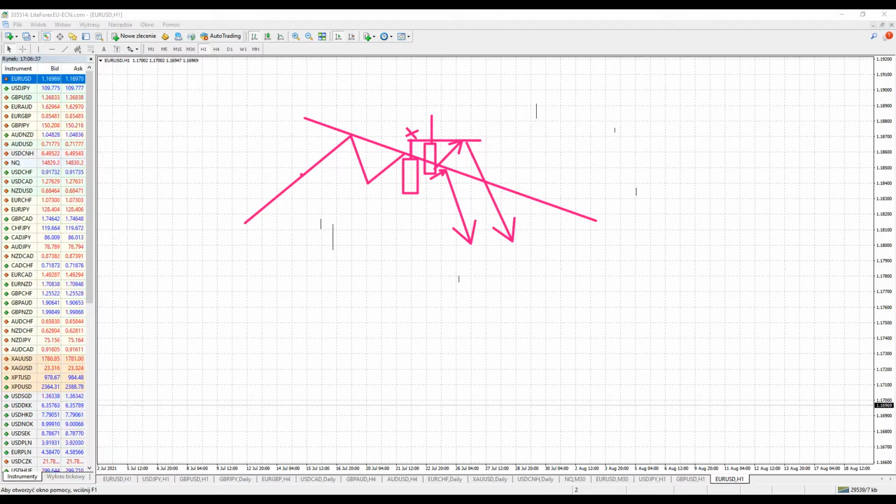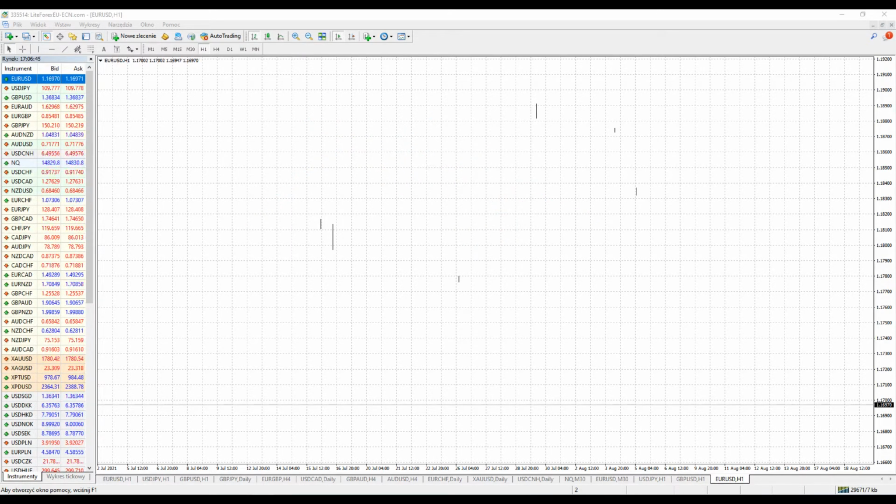So that's another thing. The next one, when we are trying to summarize, is head and shoulders, and I know that each of you or many of you love to trade head and shoulders, and well, me as well.